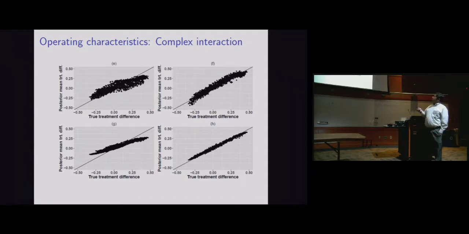And then with the larger sample size, it pretty much nails the function. So again, even in the complicated scenario, it's picking up this complicated interaction, especially as the sample size goes up.